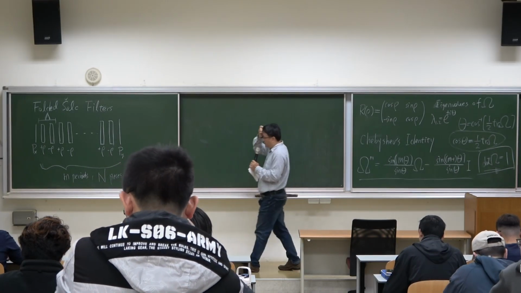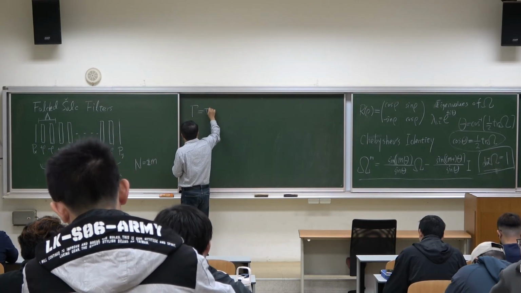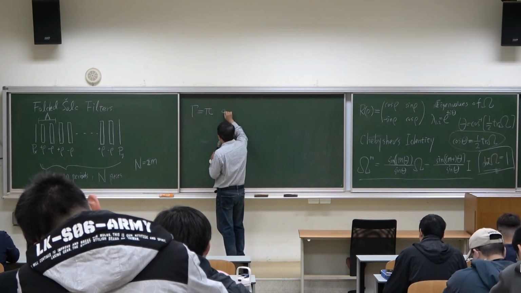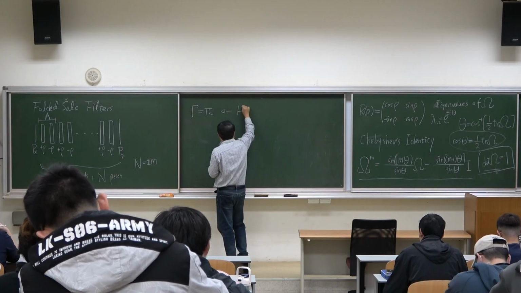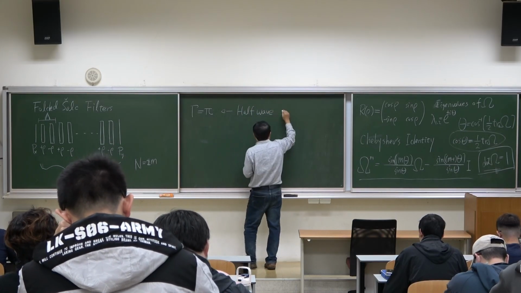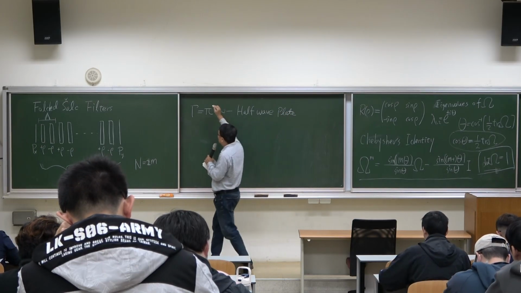So consider the special case that gamma is equal to pi, half wave plate.